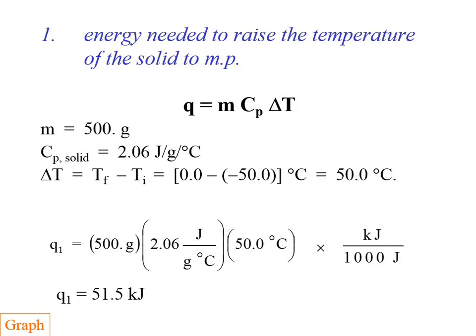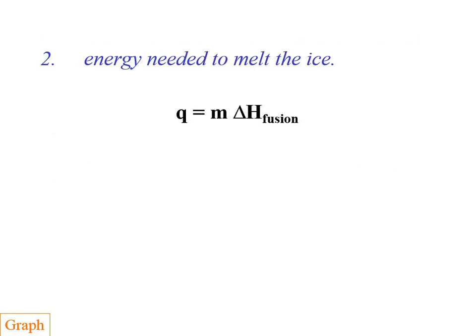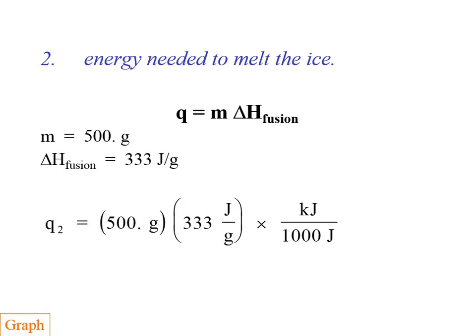Q number 2: to melt that ice, we want energy per gram. The latent heat of fusion is 333 joules per gram.